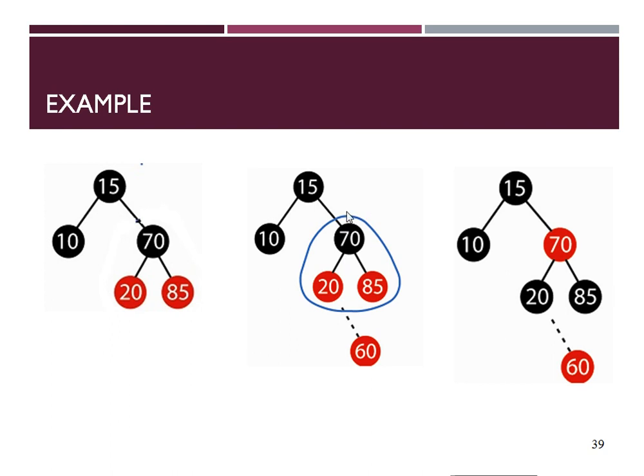But black color is only for the root node, since 70 is not the root node here. And if 20 and 85 are the children of 70, then 70 should be black. Okay, fine. But here the property was getting violated, right? So we have to recolor this 70 as red.